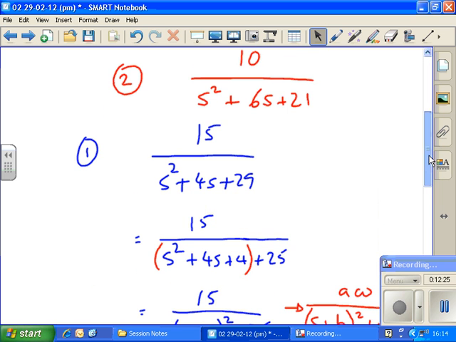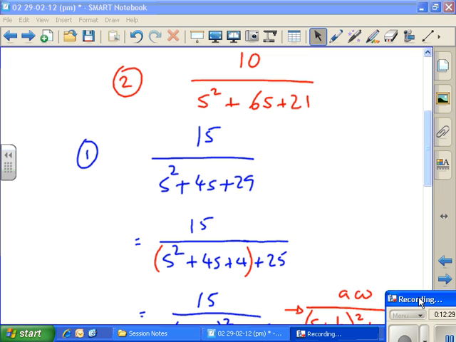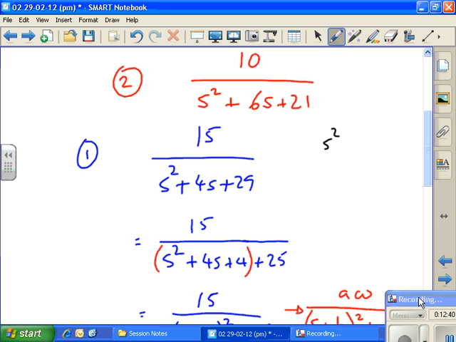Okay, let's just quickly review this then. So, how do we do this? For number one, forming the perfect square is the key. So if I've got something like s squared plus 4s, what do I need here to make it a perfect square?